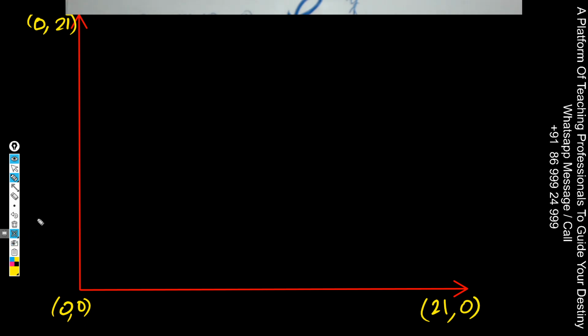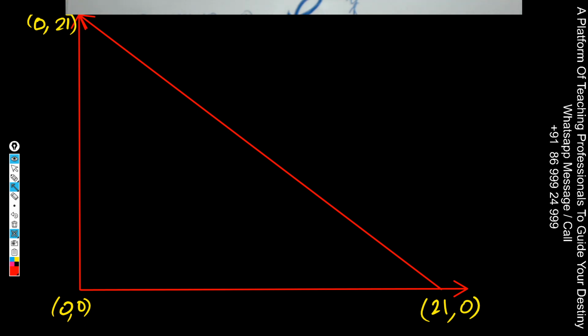Now the triangle formed is this one. It is an isosceles triangle because the two sides are equal here.